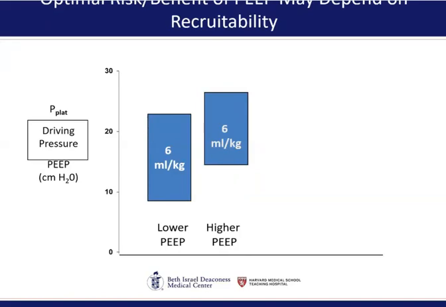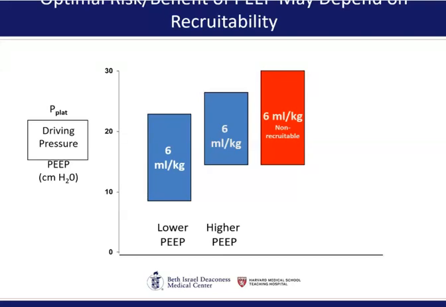It takes patients and it randomizes them to lower and higher PEEP. Hopefully it standardizes the tidal volume, and it then looks at the outcome. But really it's taking a large heterogeneous group of patients and lumping them all together. So it's taking every patient with ARDS and treating them the same. And in that group, there are going to be non-recruitable patients.